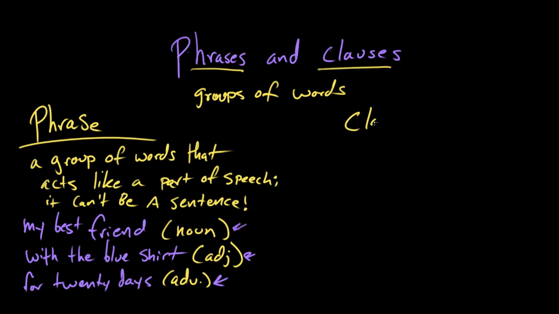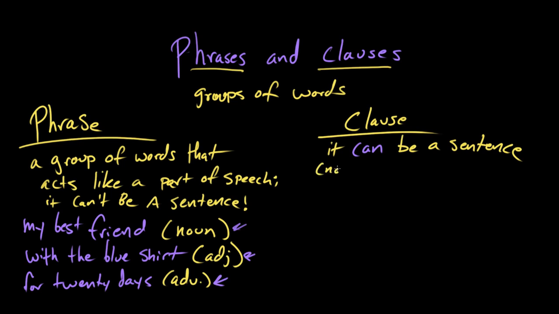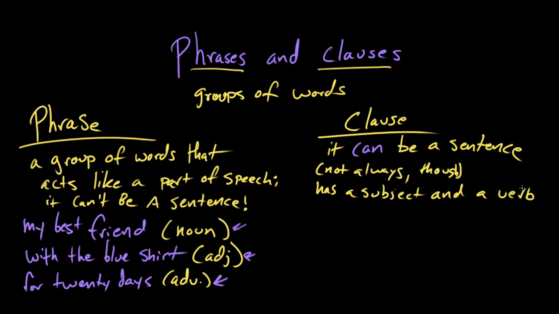Meanwhile, a clause is a group of words that can be a sentence? It's not always a sentence, but the big difference between phrases and clauses is that clauses have both a subject and a verb. It can't be a phrase, because a phrase is just one part of speech, but a clause always has a noun or pronoun component and a verb component.